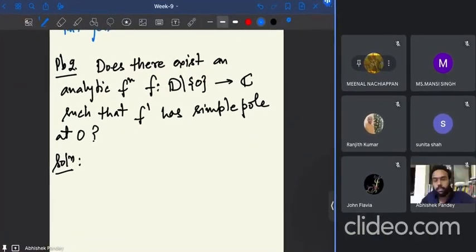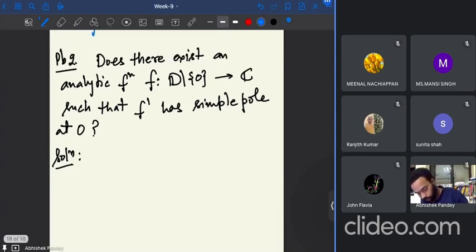Just let me know if there is any idea. This is not that tough. So okay, let us try. Suppose there exists such an analytic function.